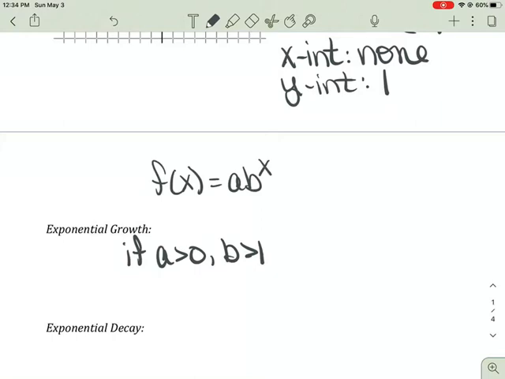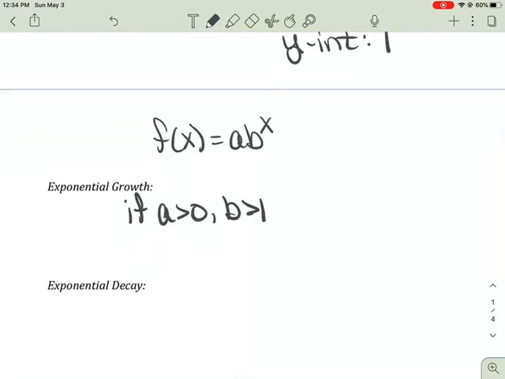So our number in front has to be a positive, and the number that's being taken to a power is a number bigger than 1. So it could be like 1.5, it could be 10, it could be 3 1/4. As long as it's bigger than 1, you're going to get a growth function.